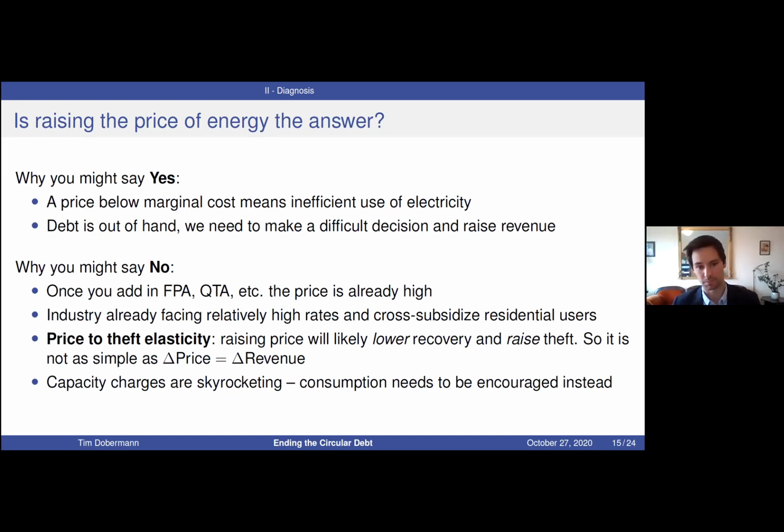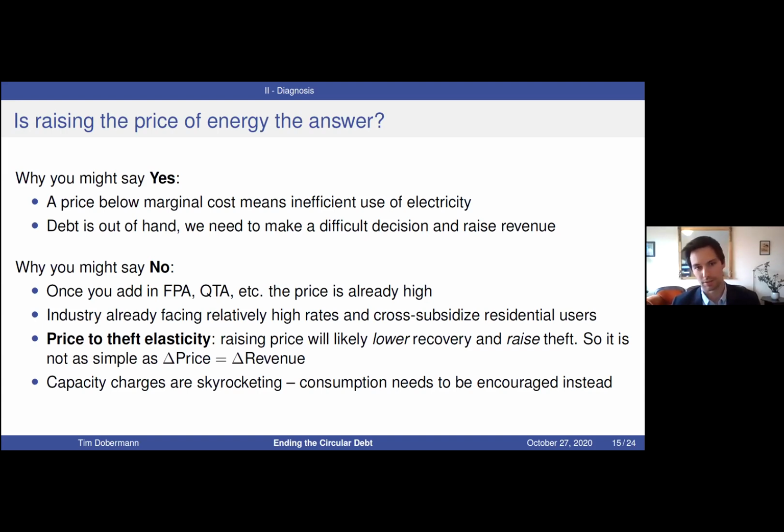Another argument might just be that we have no choice and that it's a difficult decision, but revenue has to go up. So how would you push back on that? You might say that, once you add in these other dimensions, so I've just been really focusing on the marginal price, but there are many other components which determine the bill that a consumer faces in Pakistan, like the fuel price adjustment and the quarterly tariff adjustment.